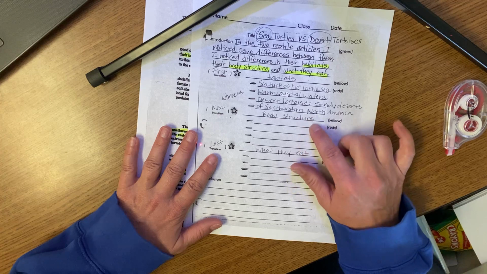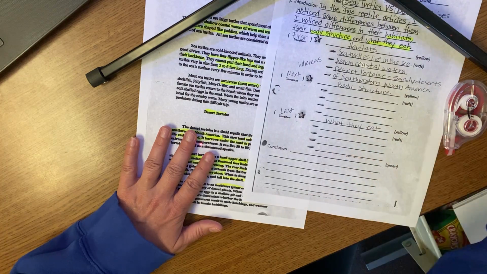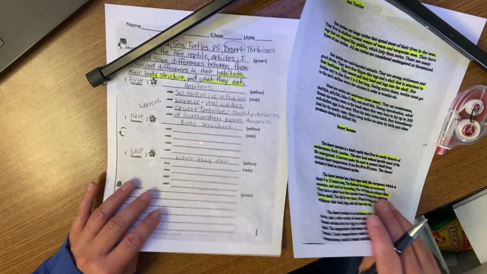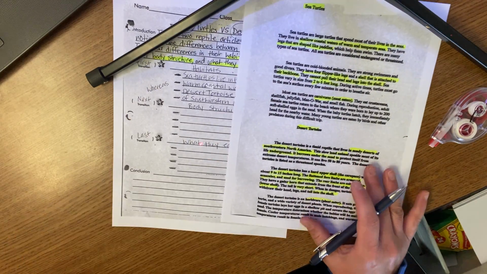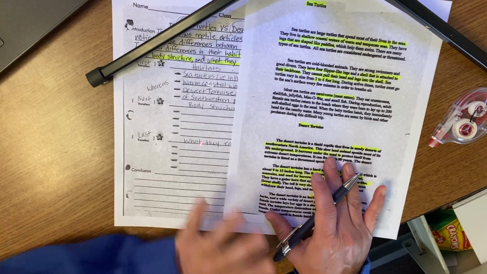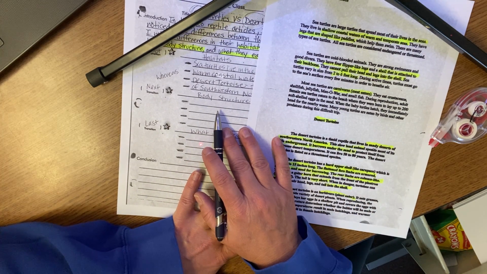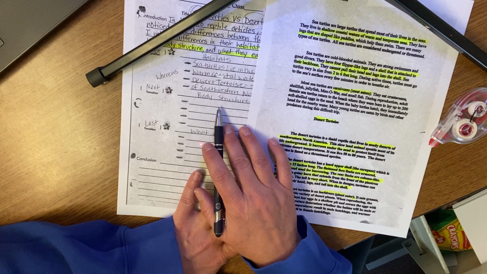Then next we're going to do body structure. I'm going to let you do that yourself, actually. I don't want to do this whole thing for you. I think you probably understand what to do. You're going to look for what sea turtles' body structure is like.